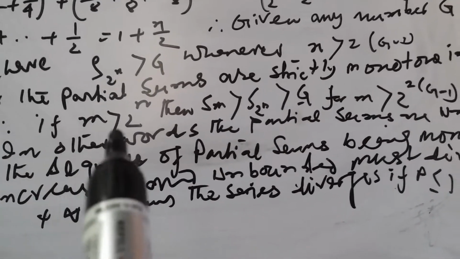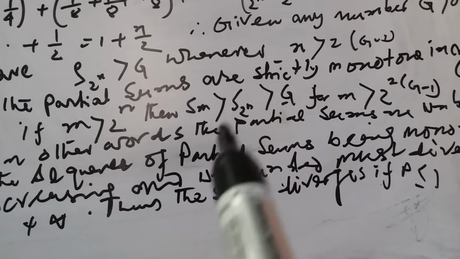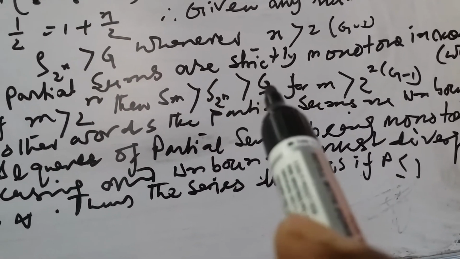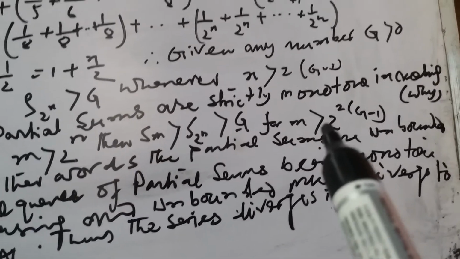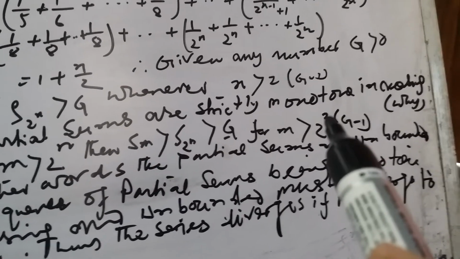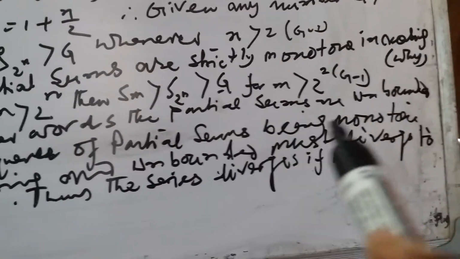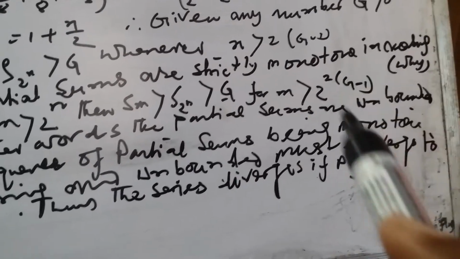If m is greater than 2 to the power n, then S m is greater than S of 2 to the power n, and greater than g for all m greater than 2 to the power (2g minus 1). So the partial sums are unbounded; if bounded then convergent, but this is unbounded.